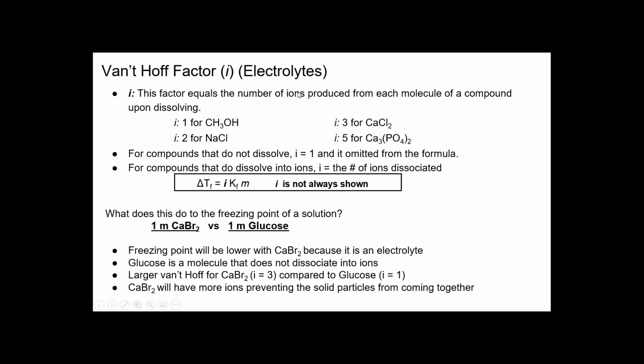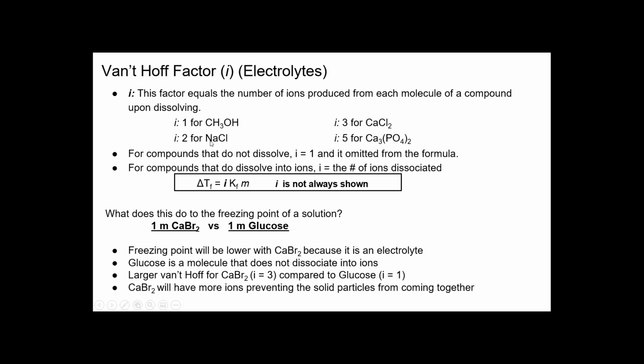So pay attention to what the unknown is if it's given to you, because if it's an electrolyte, you have to factor this in. So here's an example. We have methanol here. It's 1. Why? Because this does not dissociate. It's all nonmetals, and it's going to stay as it is. Here we would have a Van 't Hoff factor of 2.